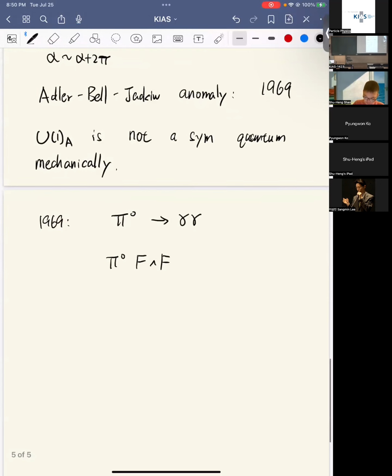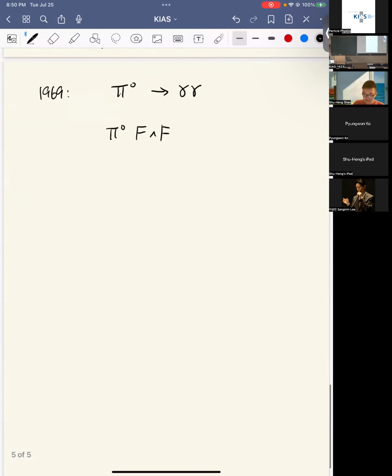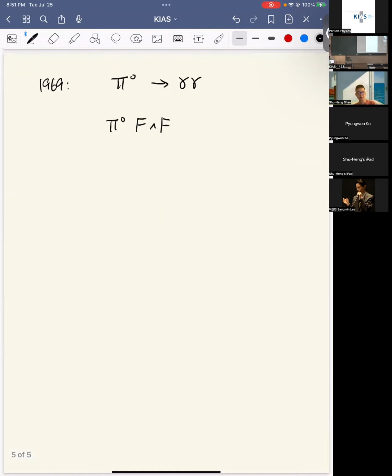So that was a beautiful story at that time. But if you think about it for a little bit, there's something very, very slightly counterintuitive. Typically, we celebrate when we discover a new global symmetry. We use the new global symmetry to do anomaly matching. We use it to derive selection rules, new conservation laws.